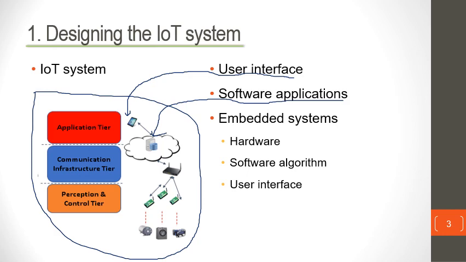Now, the core of the design challenge lies with the embedded systems at the perception and control layer. At this layer, we have wireless or wired sensors and actuator nodes, which sit paired to the appliances that are supposed to extract informative data as well as effect the control instructions.